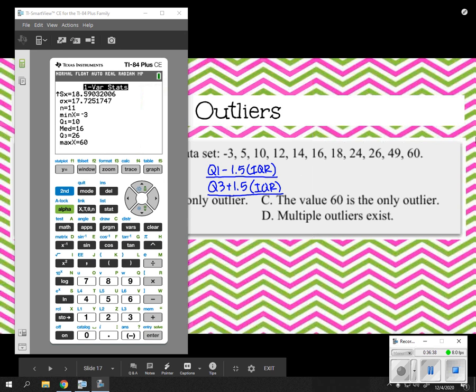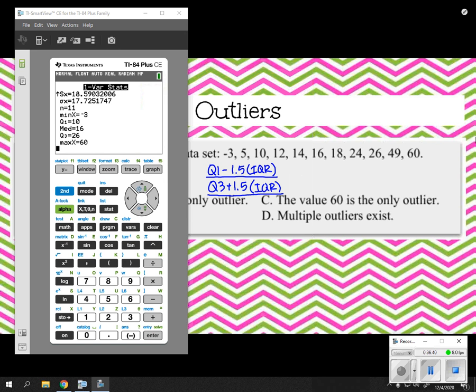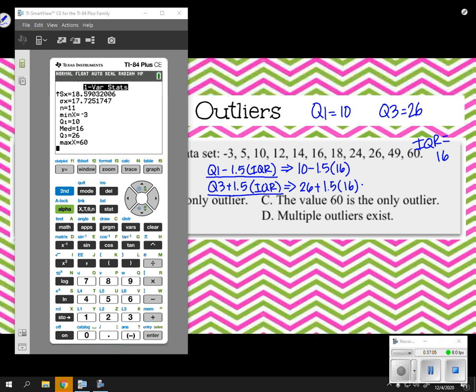All right, so my Q1 is 10. My Q3 is 26. That means that my IQR is 26 minus 10 is 16. So I want to figure out Q1, 10 minus 1.5 times 16, and then Q3, 26 plus 1.5 times 16. I'm going to get these numbers, and then we're going to look at our data set.